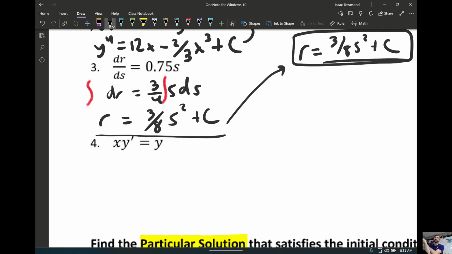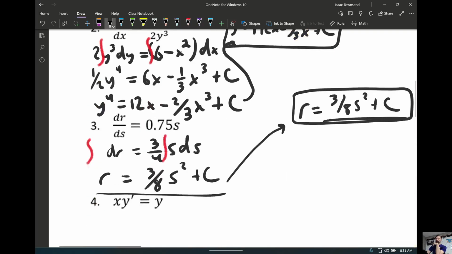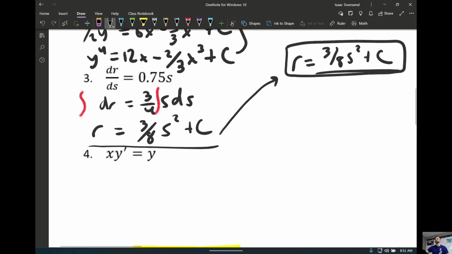Sometimes it's easy integration like this. Sometimes you will have to use U substitution. Not often, but occasionally. Every one of these questions you have to deal with C, either putting plus C down or putting plus C down and then solving for C. And every question will have you solve for Y equals, or in this case, R equals.